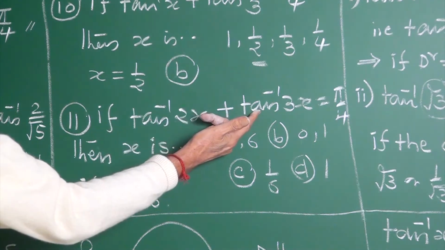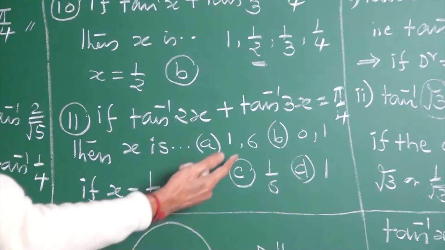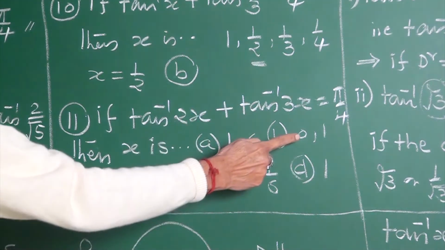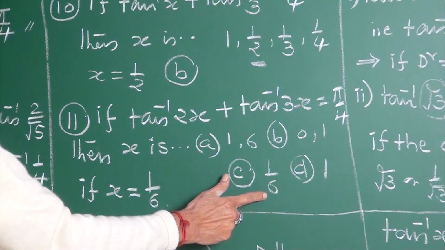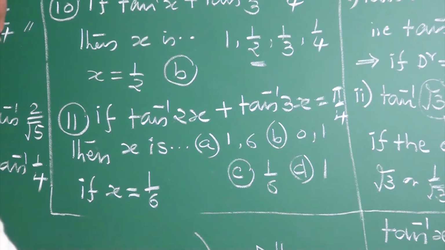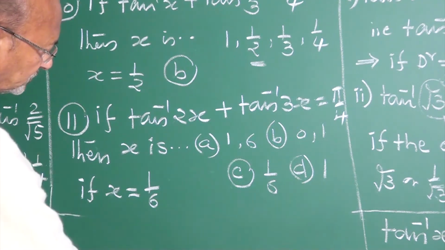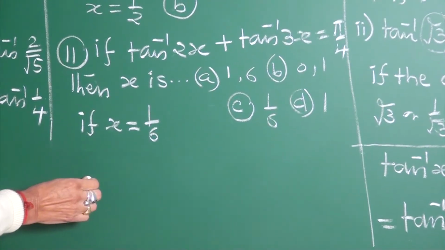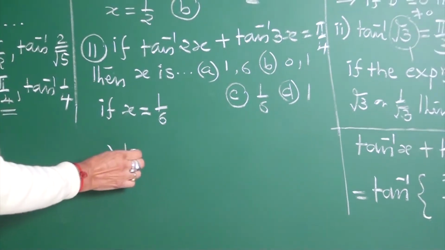Tan inverse 2, tan inverse 3, never equal to pi by 4. If you put x equal to 6, 12, 18, no. 0, no. Then 1 by 6. If you put x equal to 1 by 6, see my friend, this 1 by 6 gives tan inverse.